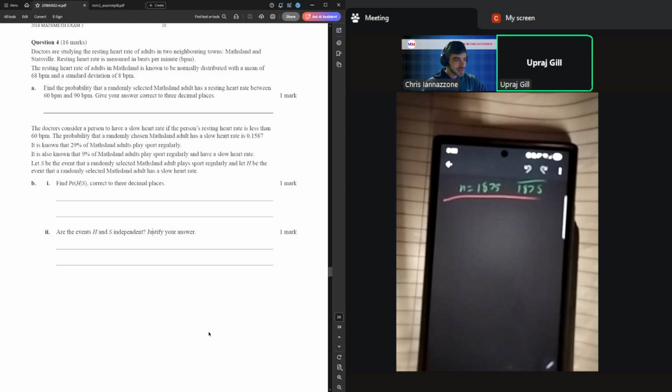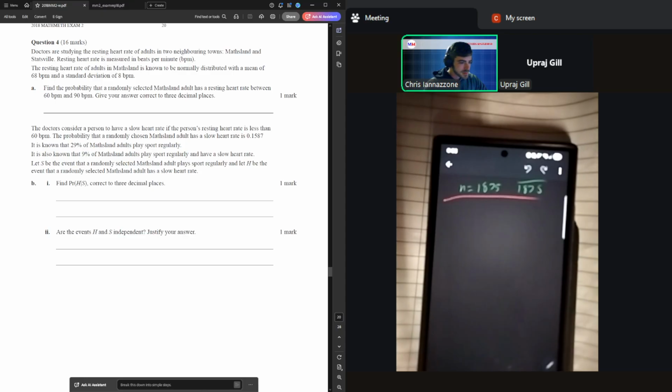You could multiply 0.1587 with 0.29 and it would be equal to 0.09, but that's also not going to happen. The whole independence idea is that the probability of one thing times the probability of the other thing gives the intersection, the product.